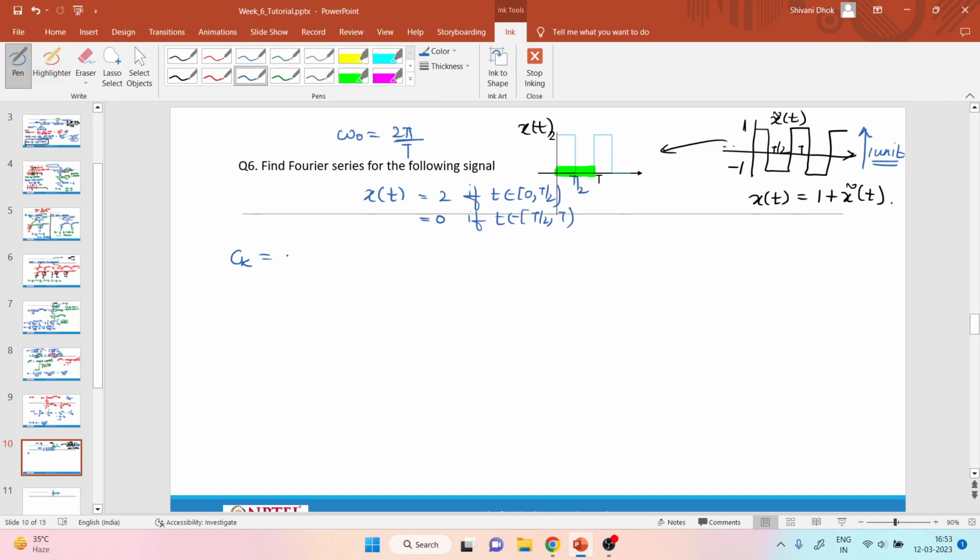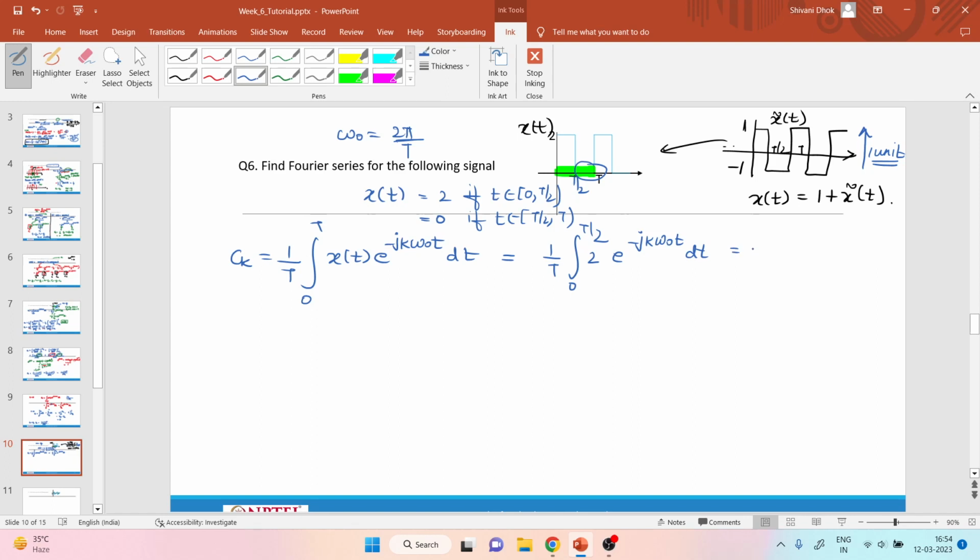So we have it as 1 by T integral from 0 to T xt e power minus j k omega naught t dt, which is equal to 1 by T integral from 0 to T by 2. In this range it is 2 e power minus j k omega naught t dt, and the second integral from T by 2 to T goes to 0 because in that region this x of t takes value as 0.